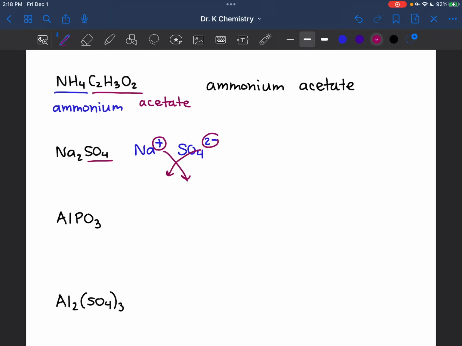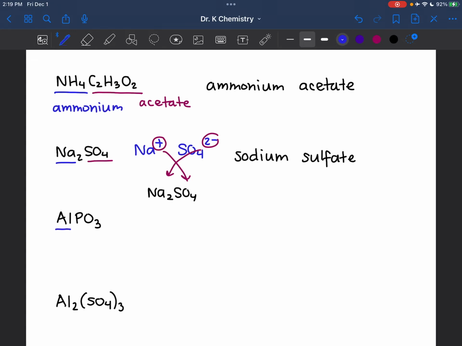If you were to cross these charges, you would get Na2SO4. So that's where that subscript comes from in the formula. And all you're going to do is list the element name of the cation, and then you're going to list the name of the anion, which is sulfate, and that becomes sodium sulfate. So you do not need to change the endings here at all.